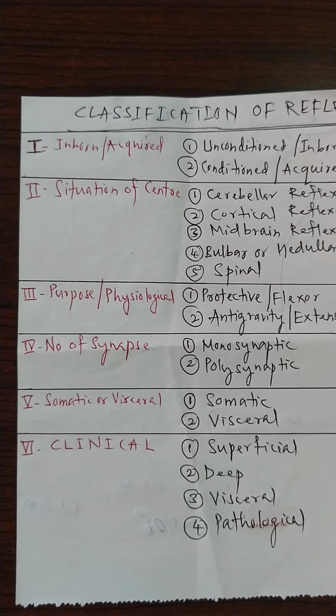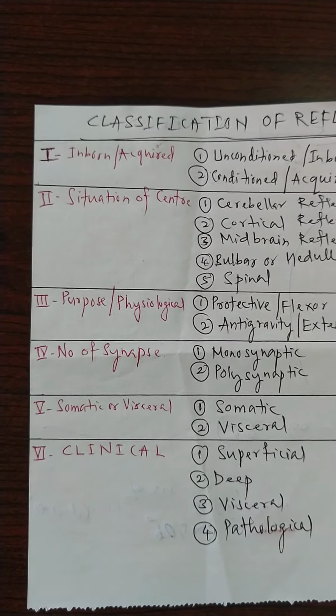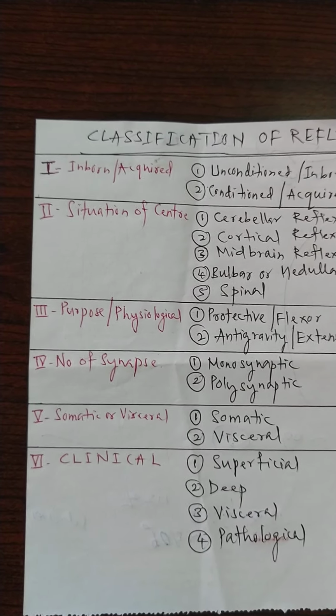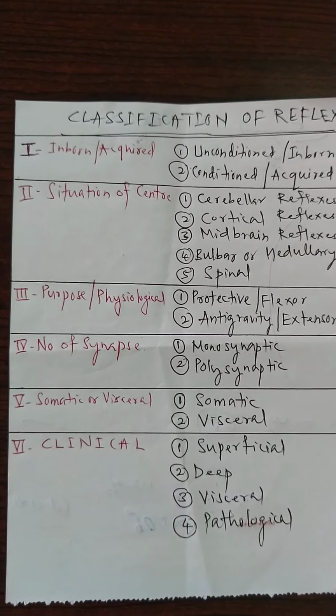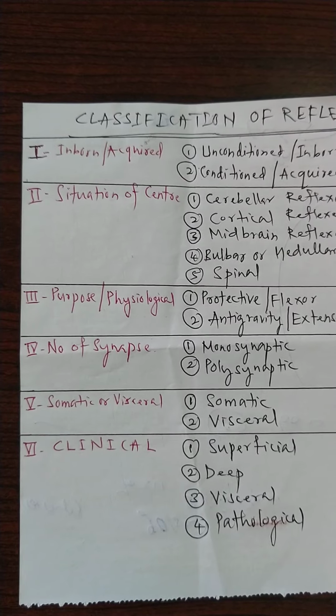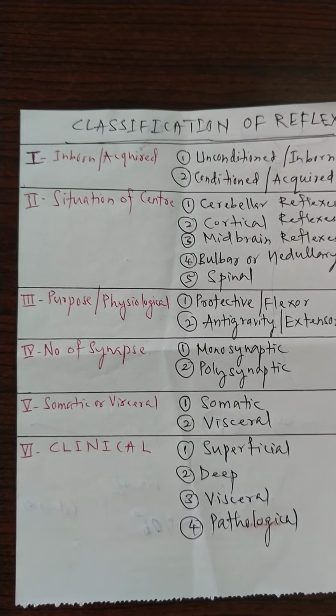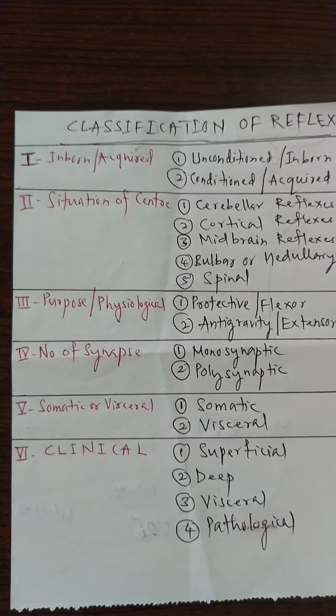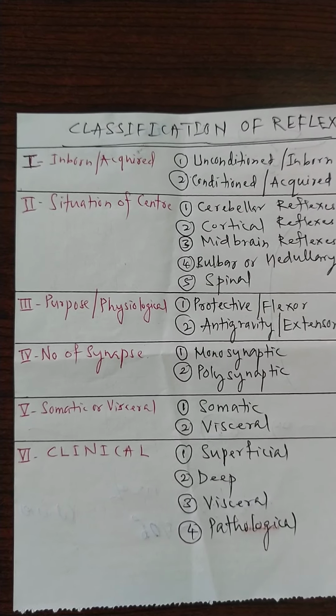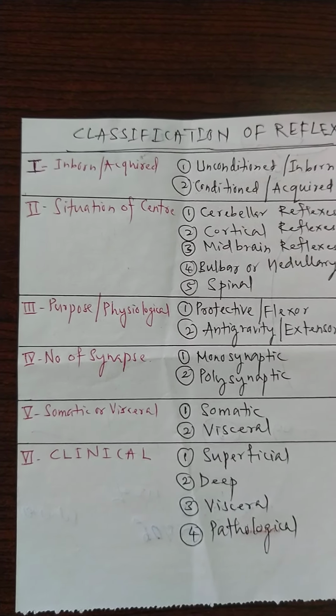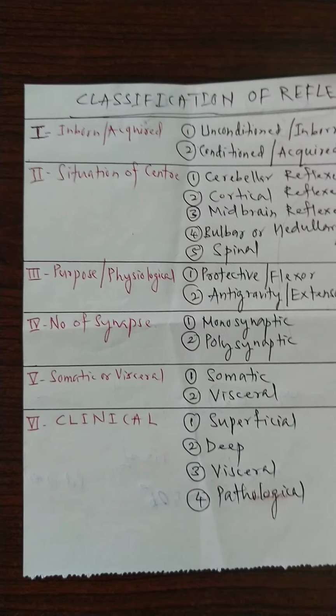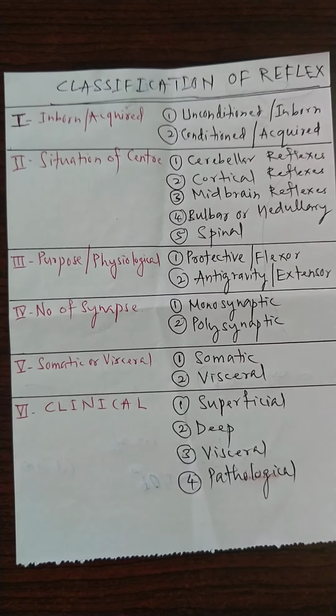They protect the body from any harmful stimuli, and during these processes there is flexion of various muscles. That is why they are called flexor reflexes. Anti-gravity or extensor reflexes protect the body against the gravitational force, and during this process there is extension of muscles. That is why they are also called extensor reflexes.